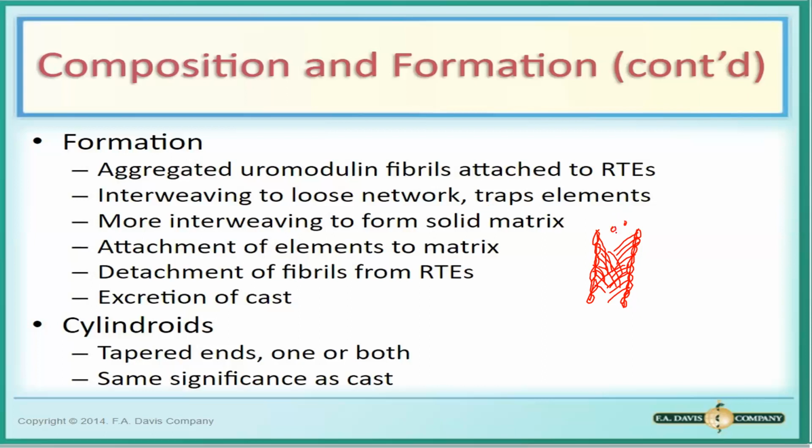Matatrap siya within the loose network. After nan, magkakaroon ng detachment. Pag na-detach na yan, naputol siya, so meron ka ng RBC cast. Kung WBC yung elements na dumaan, so meron kang WBC cast, and so on. Ganun po yung simplest explanation ng pag-form ng cast.